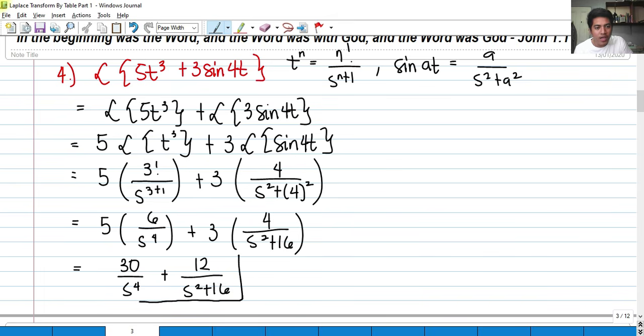So this should be our final answer for the Laplace transform of f of t, 5t cubed plus 3 sine 4t. It's pretty easy if you have the table. If you also familiarize yourself with the table, it would be really easy for you to solve this problem by table.